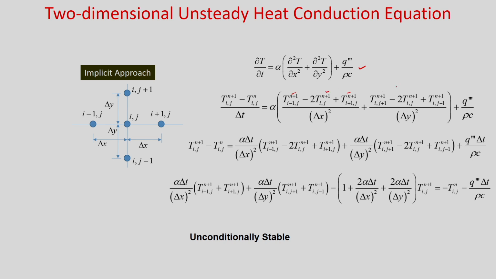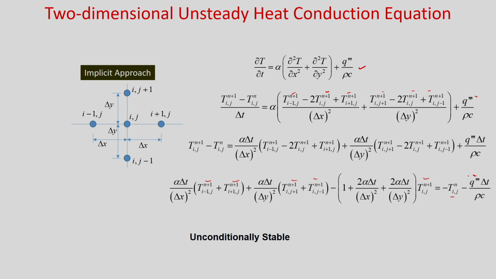Okay. So, all we are writing at n plus 1 and plus the source term. So, if you rearrange it, in the left hand side we have written all unknown terms at n plus 1, and in the right hand side T i j n is known, and the source term is also known from the known heat generation per unit volume term.